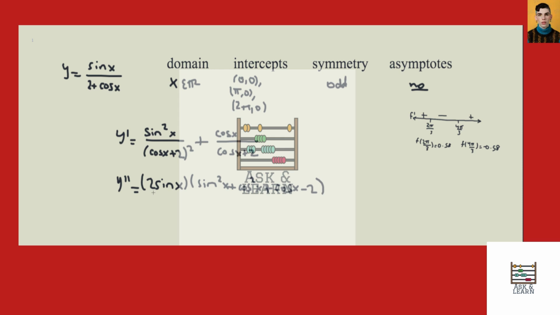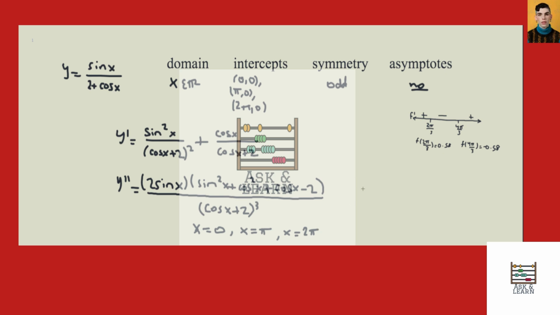And that's all over cosine x plus 2, and that's going to be cubed. All right, so we have x equals 0, x equals pi, and x equals 2 pi for the region that I'm graphing.